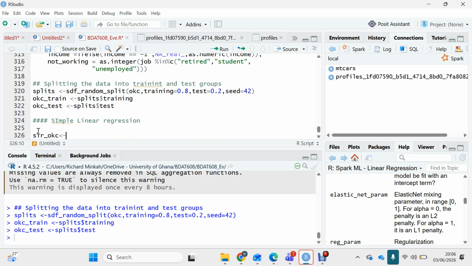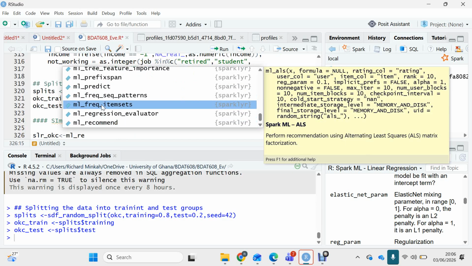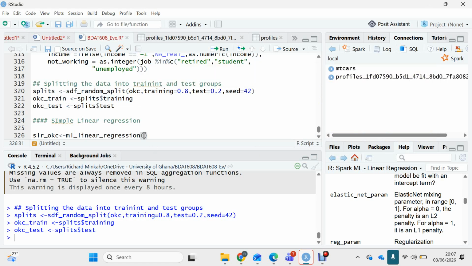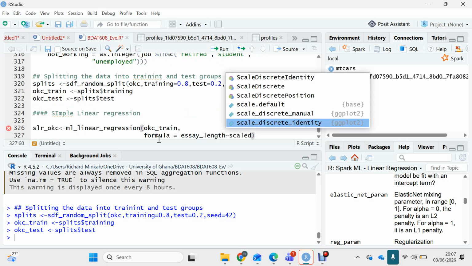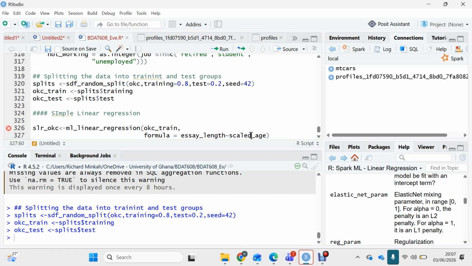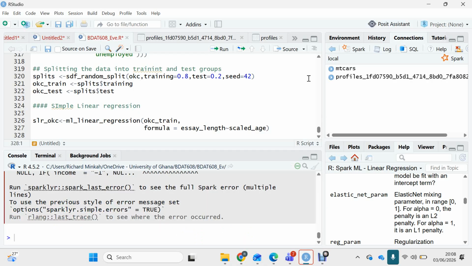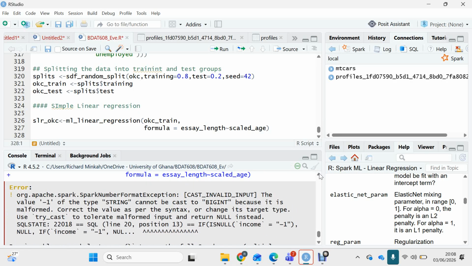So you have X, you have your formula, fit intercept is true, elastic net parameters, regression, and so forth, weighted column, loss, squared error, solver auto, a whole lot. When you come down here, you see X is what? A Spark connection, or ML pipeline. We will do pipeline later on, and a bit of how to do clusters.